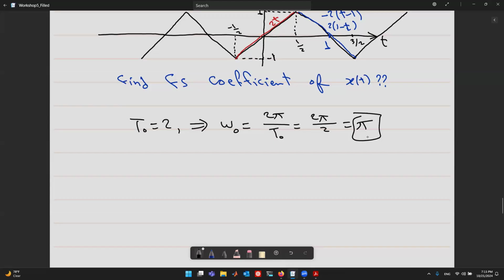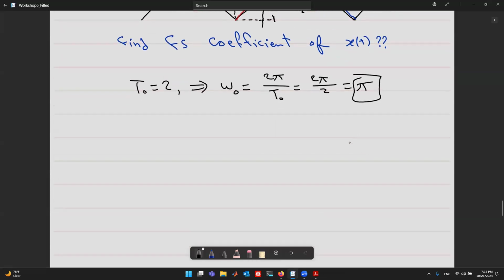It's a good number to see, especially with those exponentials and Euler's formula. So we have an angular frequency of pi radians per second. Every second, the signal will rotate by pi radians.